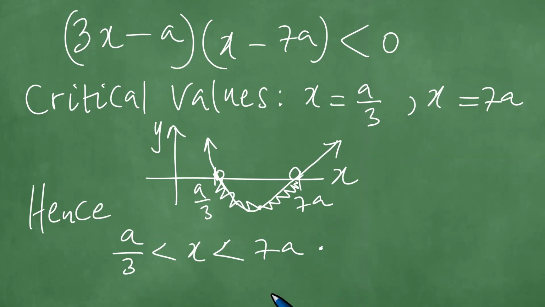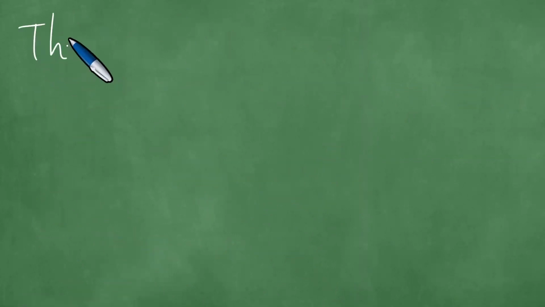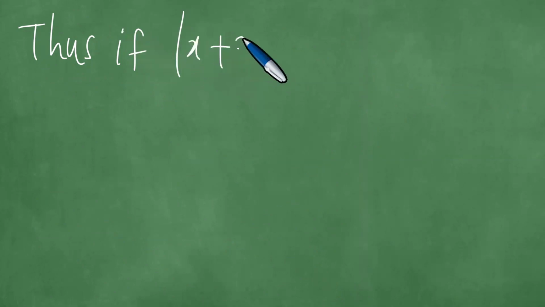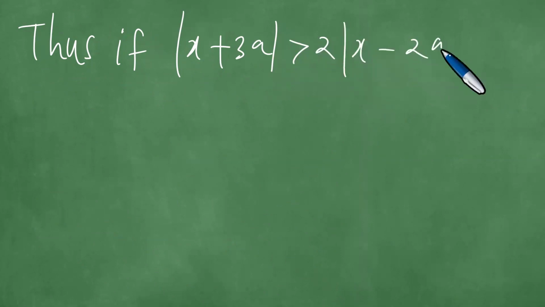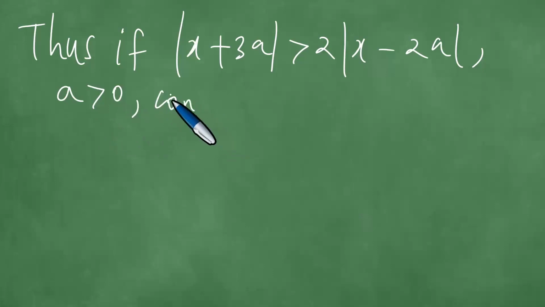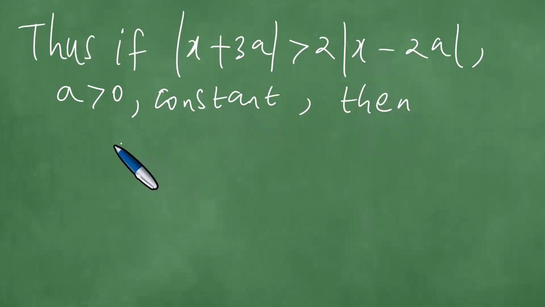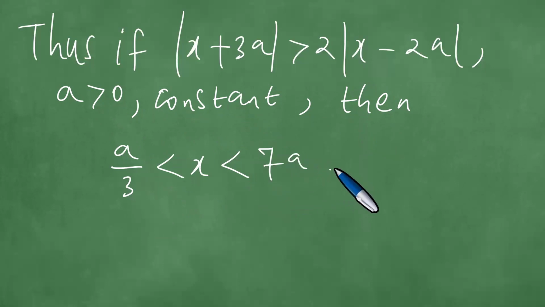Right, so what is then the conclusion? Thus, if you have x plus 3a is bigger than 2 times x minus 2a, a positive and also a constant, then a over 3 is less than x less than 7a, where x is a real number.